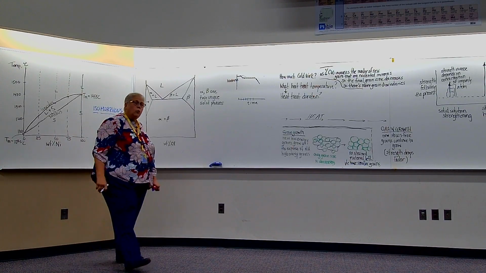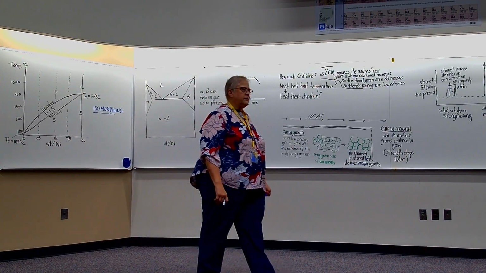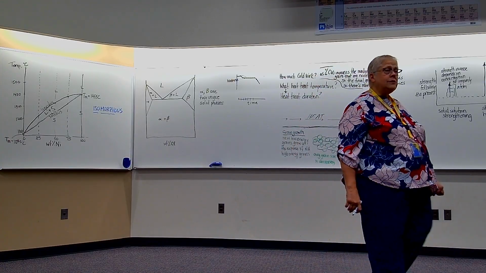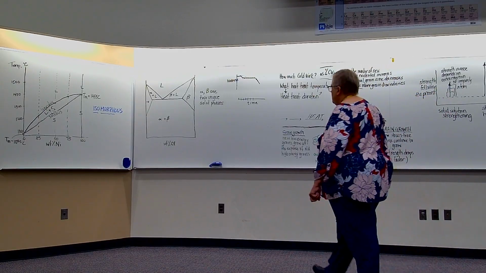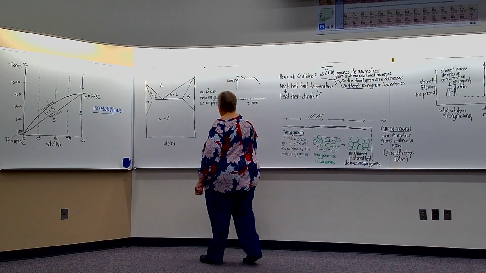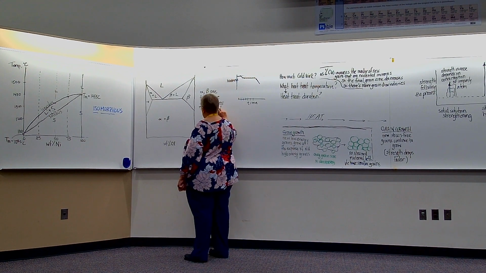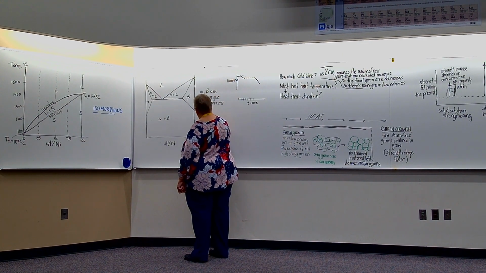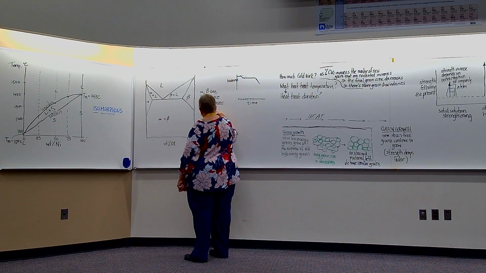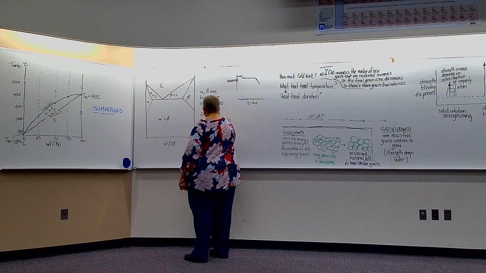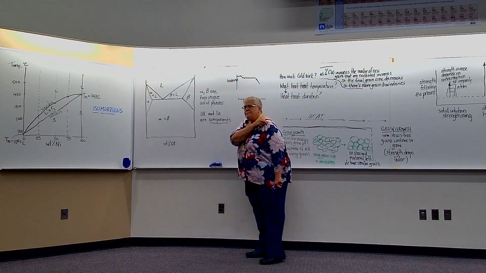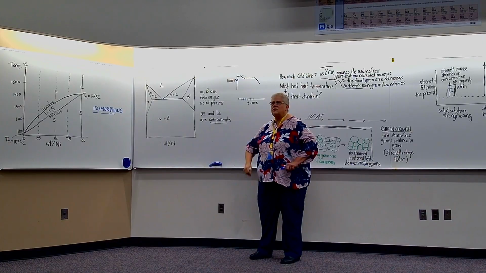And alpha and beta are both solid, but they have different compositions, and they have different crystal structures. So alpha and beta are these solid phases. OL and LE are elements, are components. And typically they're elements. They might be compounds.